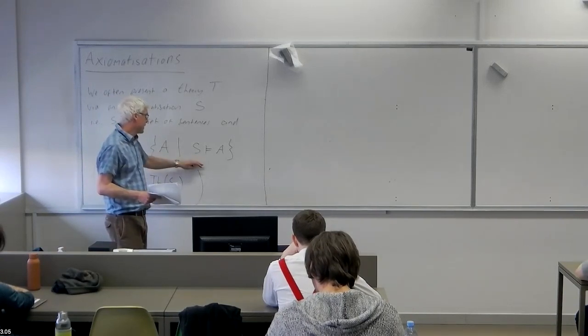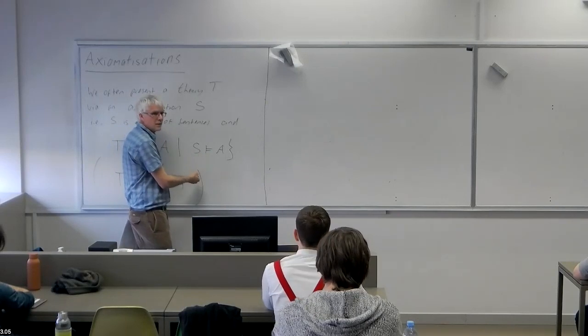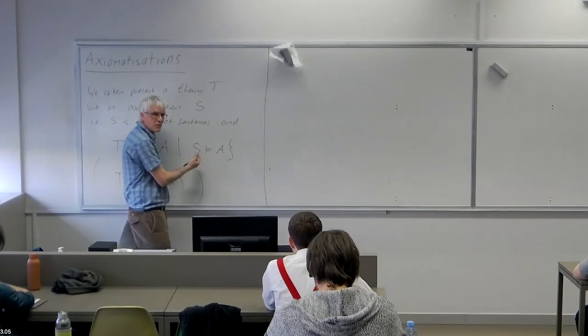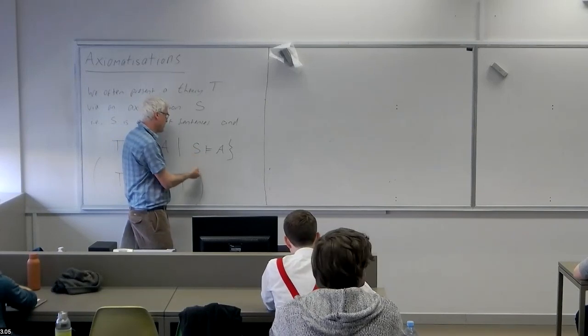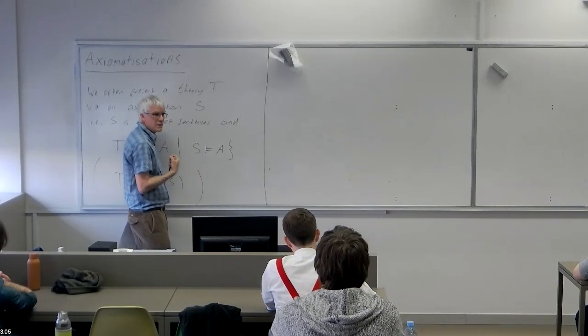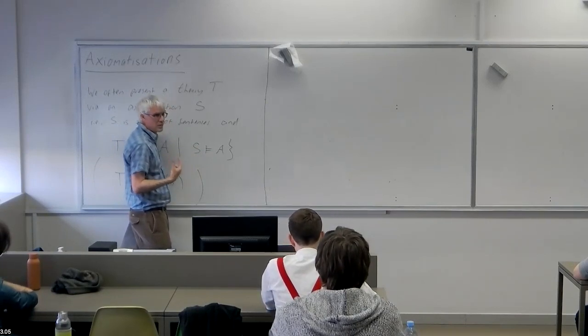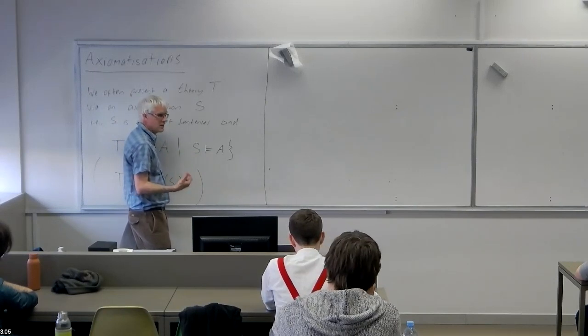So the next best thing, if we can't give a finite set of axioms, would be to have a set of axioms that we can at least recognize in some strong sense. A very nice property to have would be that the set of axioms is decidable. So if we're given a sentence, we want to check if it is an axiom, we've got some decision procedure we can apply which will tell us whether or not the candidate sentence is actually an axiom.